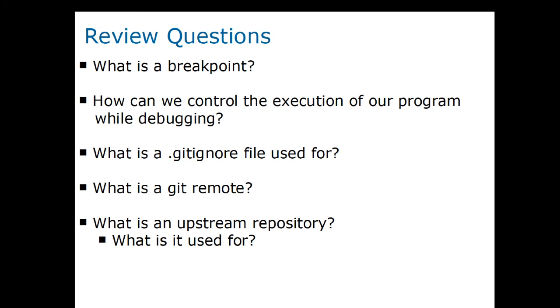And then we can do all kinds of cool stuff when our program is stopped, right? Maybe you've had this thought cross your mind, like, oh, I wish I knew what this value was at this point in time. Well, with a breakpoint, you can do exactly that. I can stop the program at that point, and I can see the values of all of my variables at that point in time.